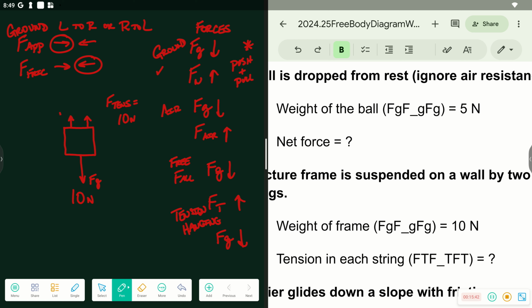We're going to draw two strings, force of tension, they have to be equal, so it would be 5 newtons and 5 newtons. And what's your net force? The net force equals 0 newtons because the picture frame is not moving, but you have to split the force of tension over both strings and it has to be an equal amount because they're the same.